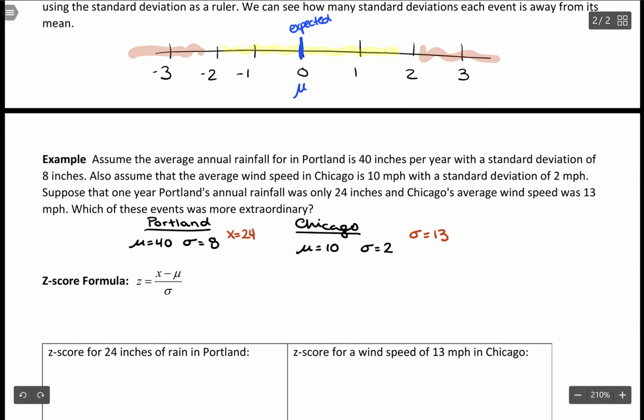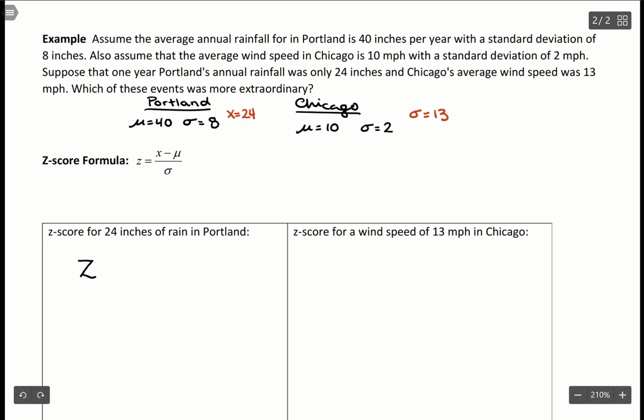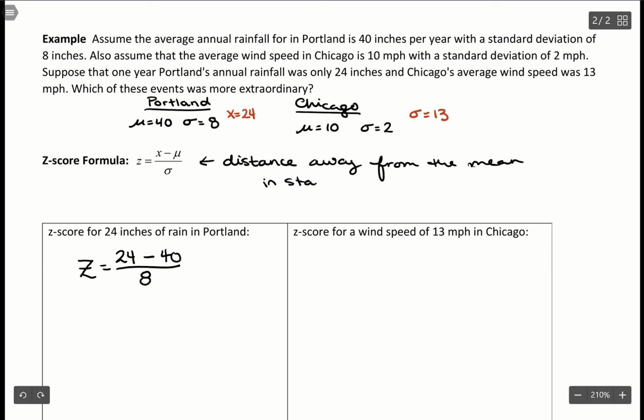So for Portland, what we can do is find that z-score by taking that data value of 24 and compare it to the mean, and then divide by how many standard deviations away it is. So that if we just standardize it to this distance away from the mean in standard deviations, we can compare the two values to each other instead of when we're stuck with comparing 24 to 13 and we can't do that.